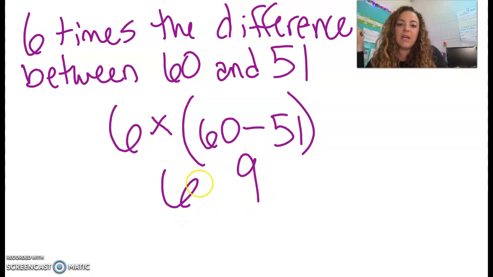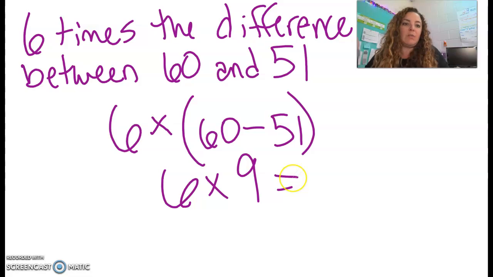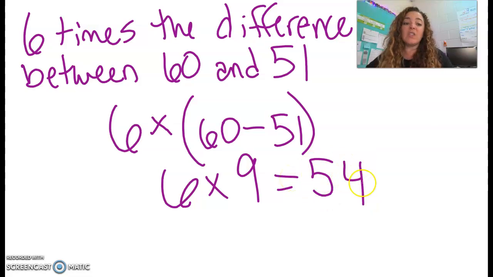And then 6 times 9, which is 54. So again, anytime I know my basic facts, I can cruise through things a little bit faster, okay? Just lets me figure out what I'm doing quickly and efficiently. And being quick and efficient is really important in math.